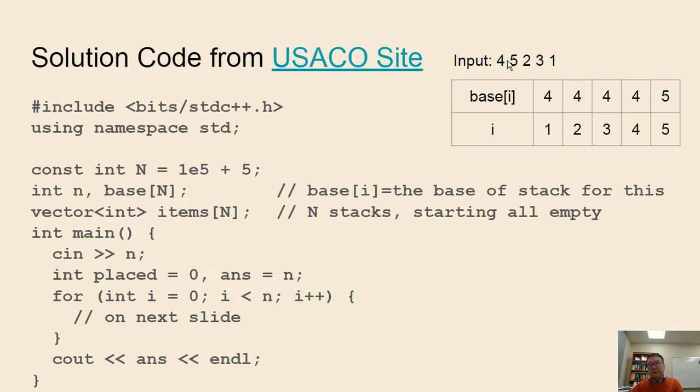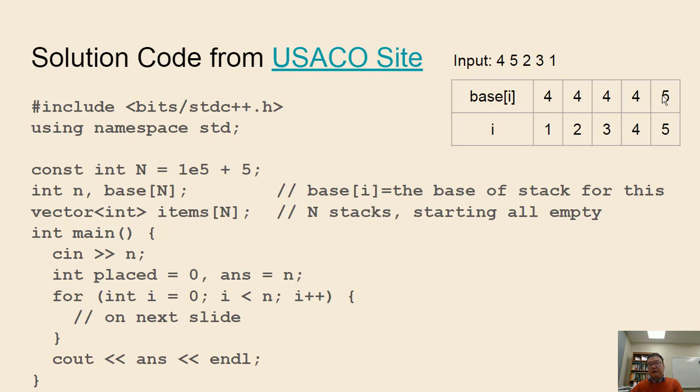Because the first thing we see is 4, we will put down 4. Then anything less than 4 will have to go on 4. So we will fill in the array all the way from here to here. So all the elements 1, 2, 3 will need to go to 4. So given a new element 2, we will look this up. We know, oh, 4 is the base. So then item 4 will be the stack corresponding to that.